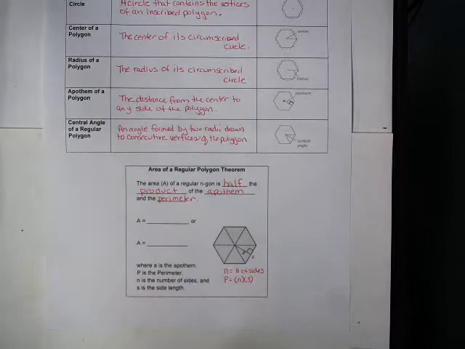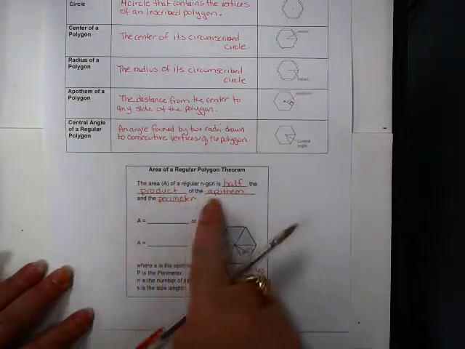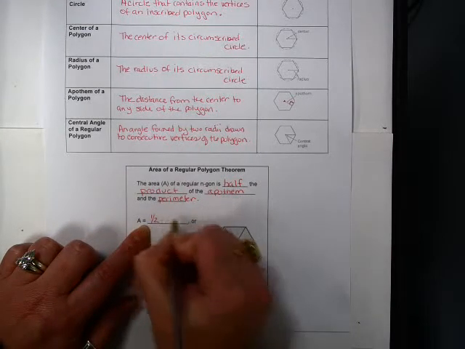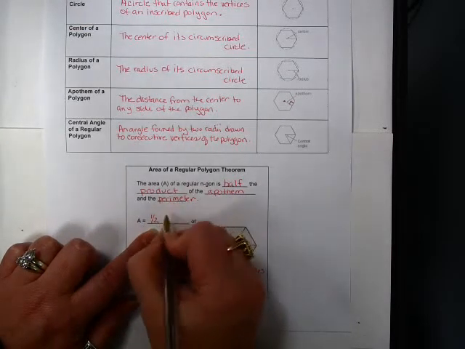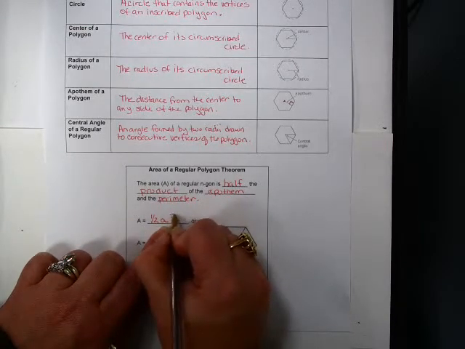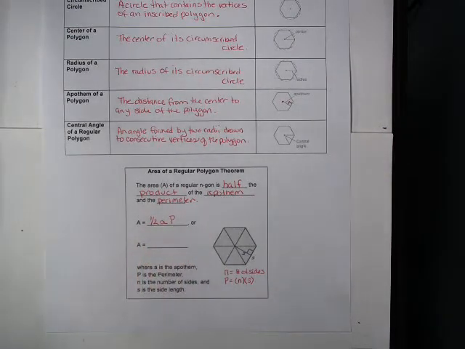Okay? Alright, so up here, what this says is that the area is equal to 1/2 the apothem. We're going to use lowercase a for the apothem and a capital P for perimeter. So 1/2 the apothem times the perimeter.